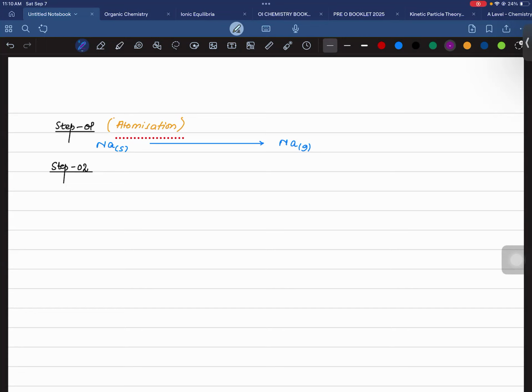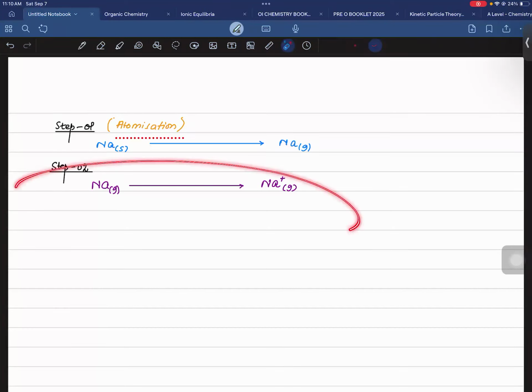Once you have converted the sodium solid into the sodium gas, then in the next step, I would be converting this sodium gas into this.